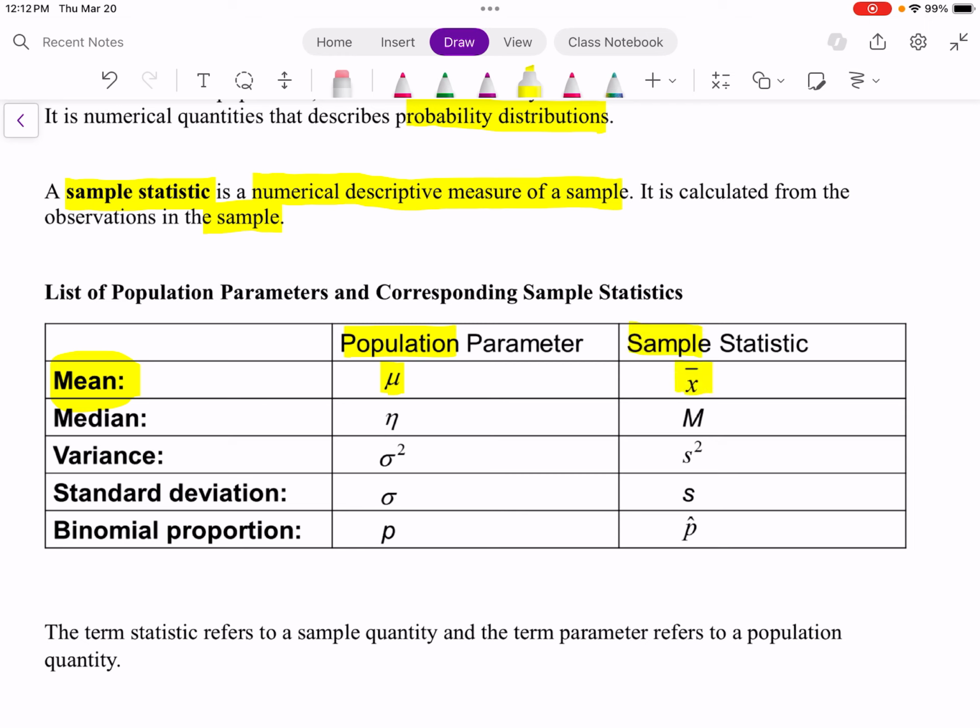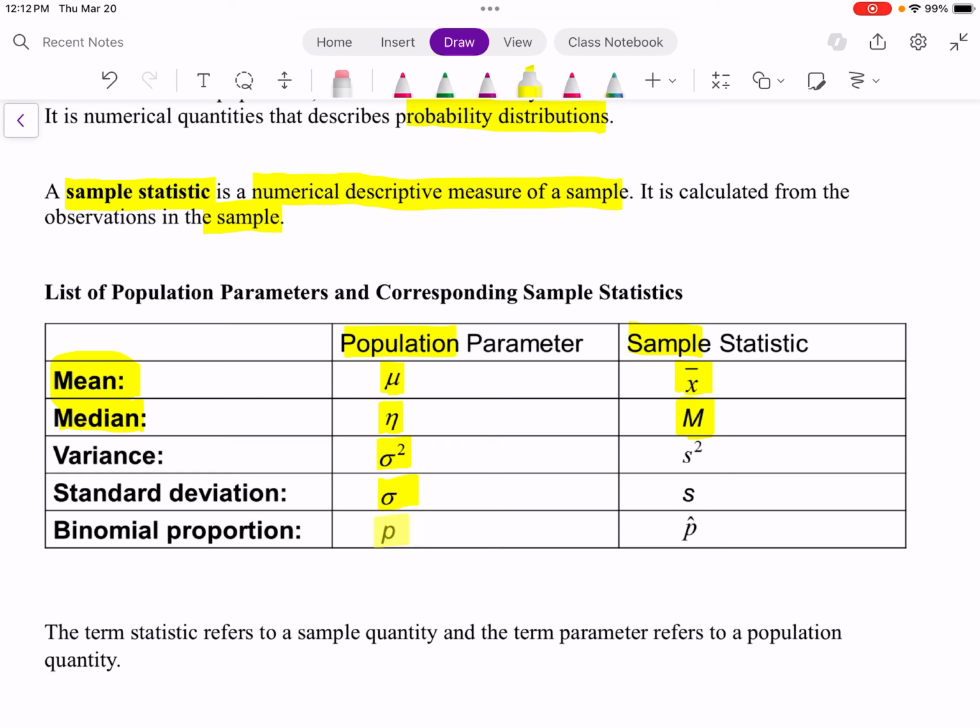So we have x bar for the sample mean. In a similar way, we have eta for the median. If we are finding the median of a population, it is eta. If we have m for the median, then we use this m for the sample.